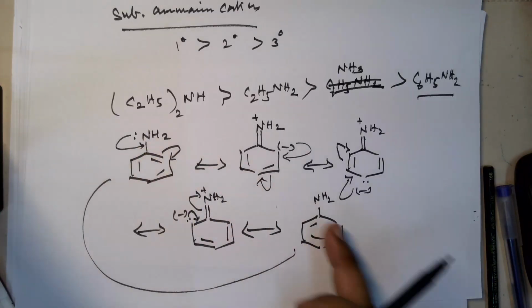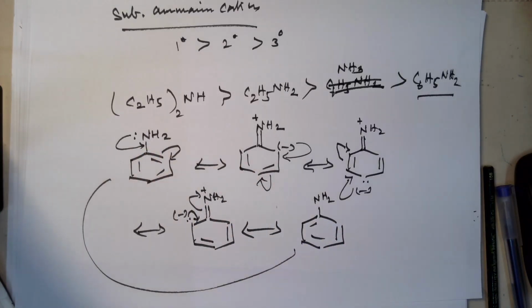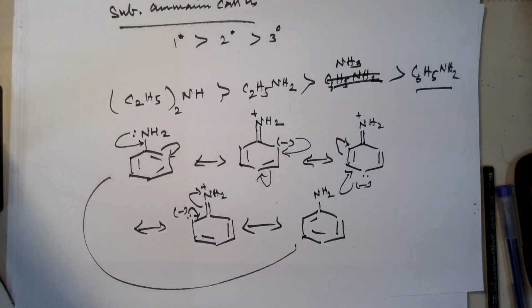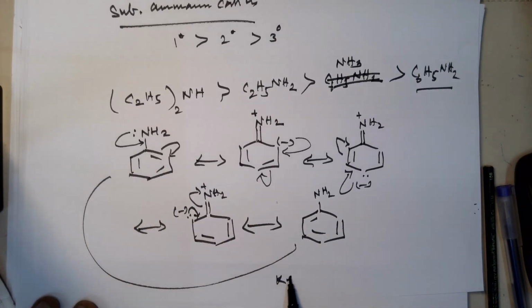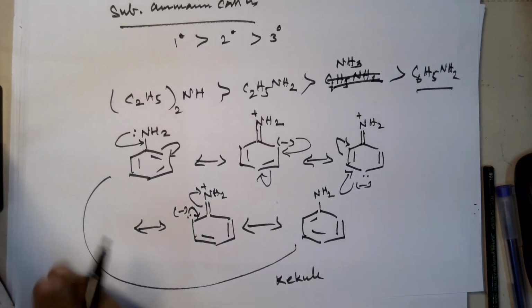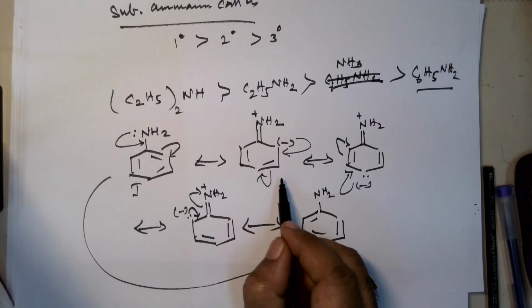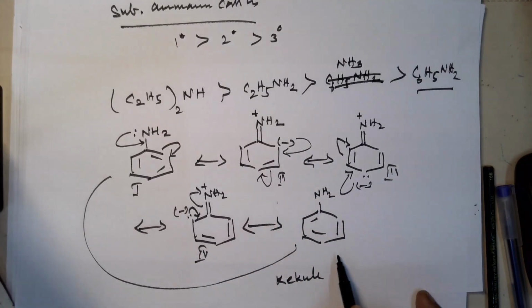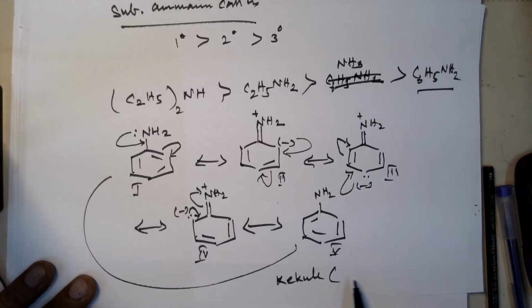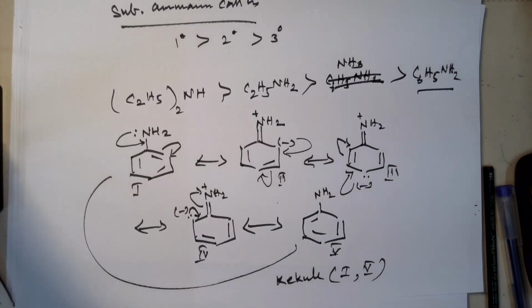So the pi conjugation, that is, the alternate double bonds, are totally relocalized here, and that's why they are called Kekule structures. Structure 1, 2, 3, 4, 5. So structures 1 and 5 are called Kekule forms.